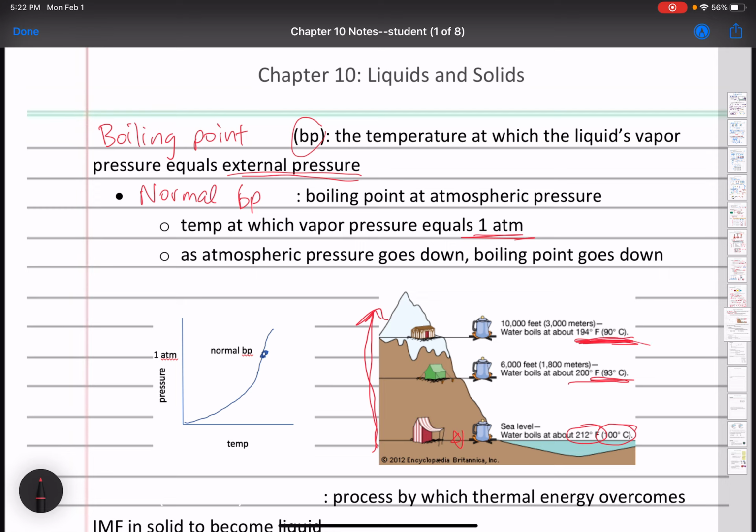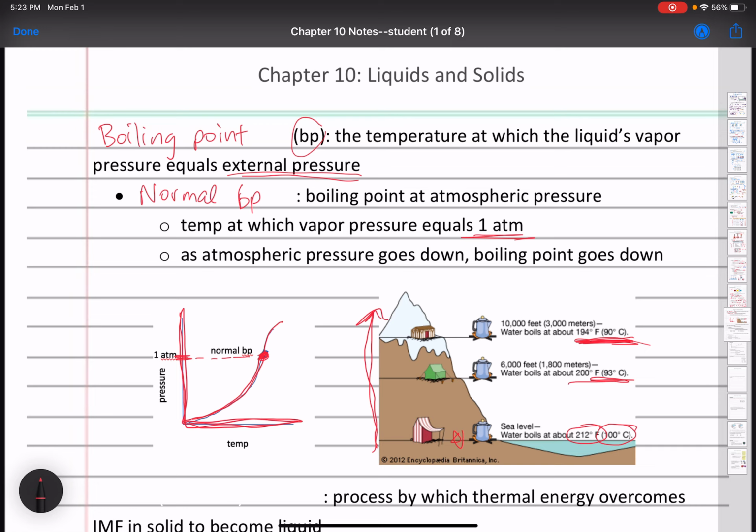Oops, I meant to delete this picture and redraw it in my notes, but I was just trying, in a very sloppy way, to show that as pressure goes up, the boiling point goes up. So this line here that I'm drawing is the boiling point at different pressures. Wherever you reach 1 atmosphere, whatever the boiling point is at 1 atmosphere of pressure, that is the normal boiling point.